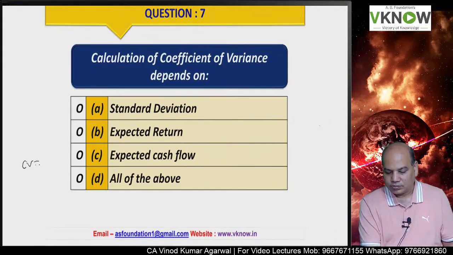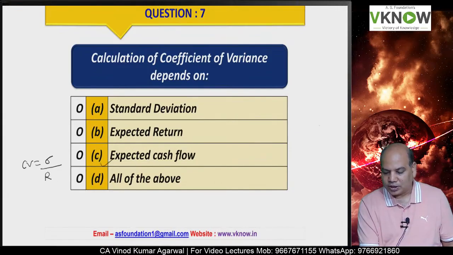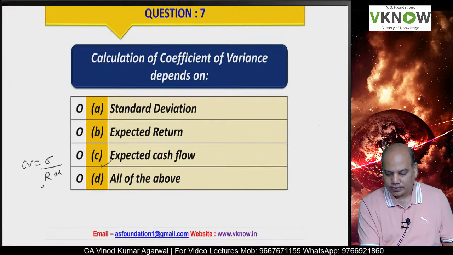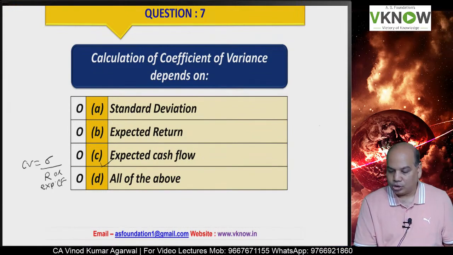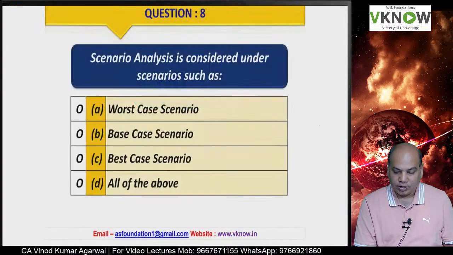Coefficient of variation is standard deviation upon return, but this return can be expected cash flow also. So the answer will be all of the above. Very good.